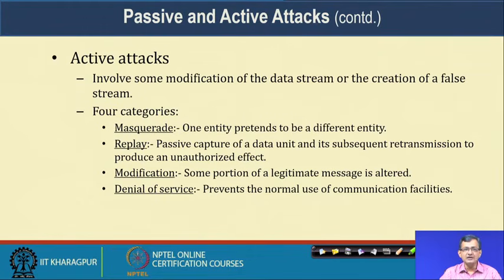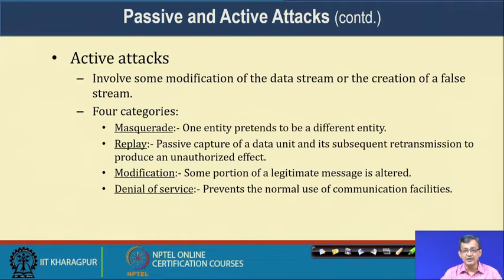An active attack, on the other hand, involves some modification of the data stream or creation of a false stream. Four categories are mainly there. Masquerade: one identity pretends to be a different identity. Replay: passive capture of data units and their subsequent retransmission to produce an unauthorized effect.